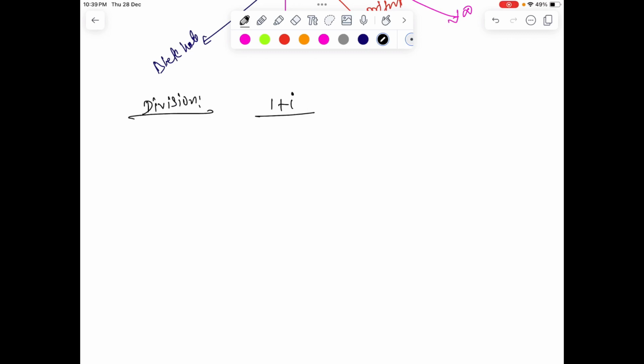So let's say again we have (1 plus i) by (1 plus 2i). How will you divide it? Division is nothing but multiplication. So we can rationalize this by inviting our conjugate brother.